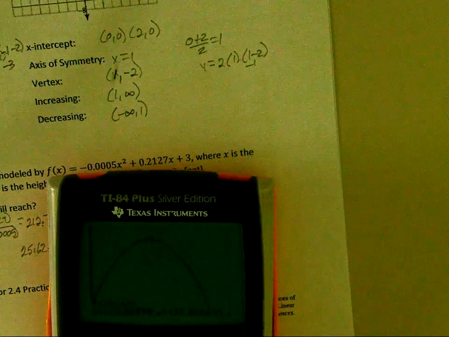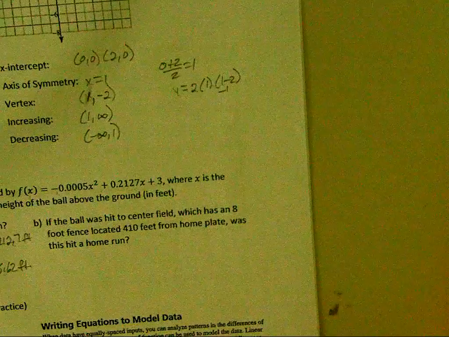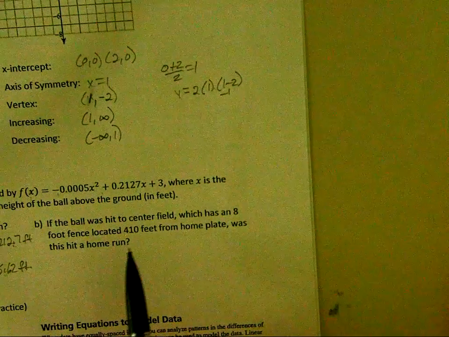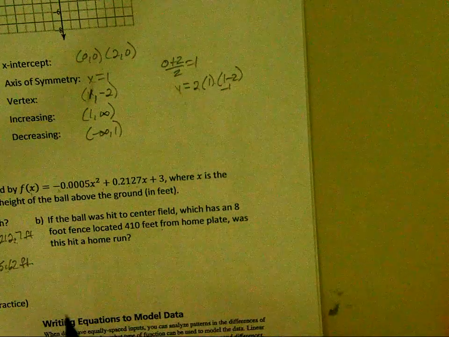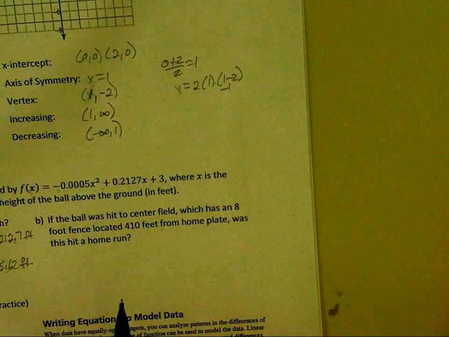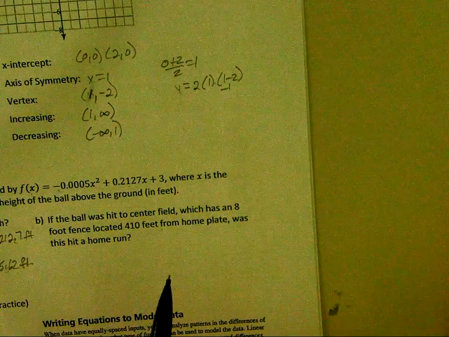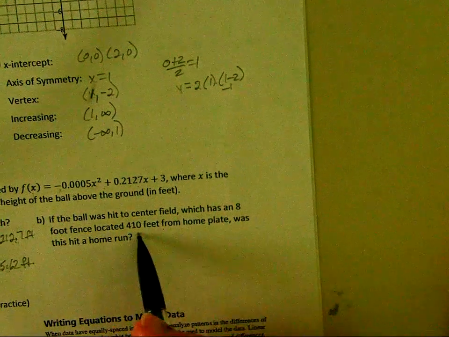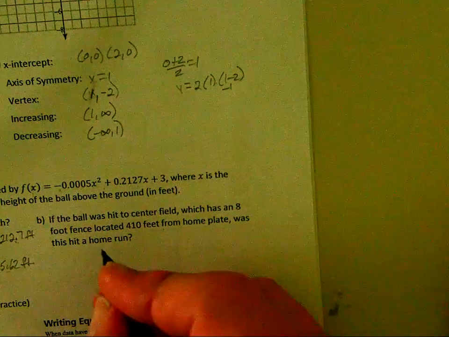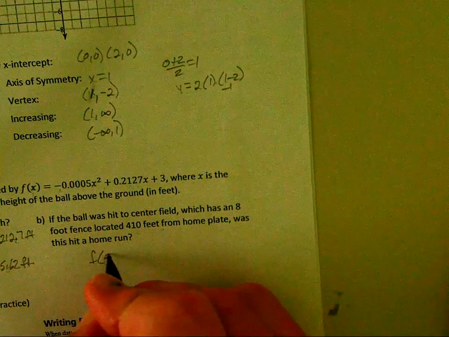Okay. Now the next part says, if the ball was hit to center field, which has an 8-foot fence located 410 feet from home plate, was this hit a home run? Well, what you can do here is put 410 into that equation, so we'd find f of 410.